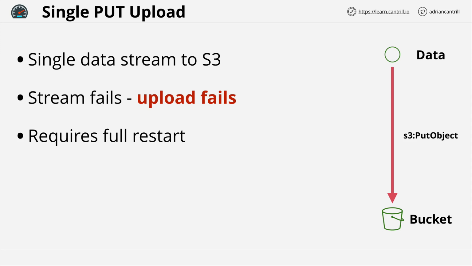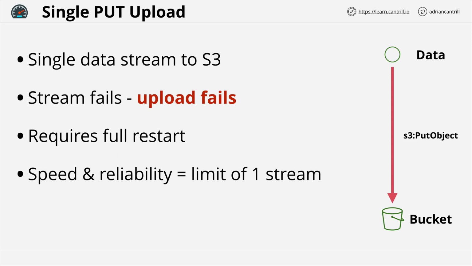When using this single put method, the speed and reliability of the upload will always be limited because of this single stream of data. If you've ever downloaded anything online, it's often already using multiple streams behind the scenes. There are many network-related reasons why even on a fast connection, one stream of data might not be optimal, especially if the transfer is occurring over long distances.